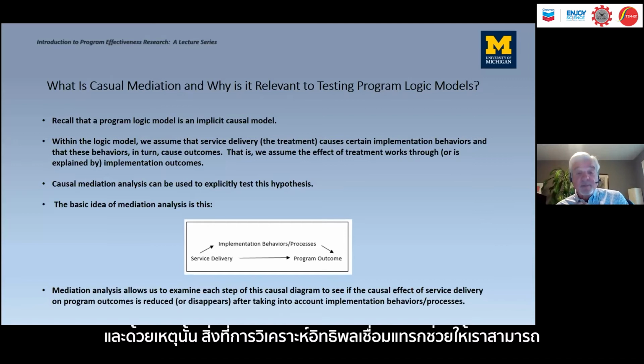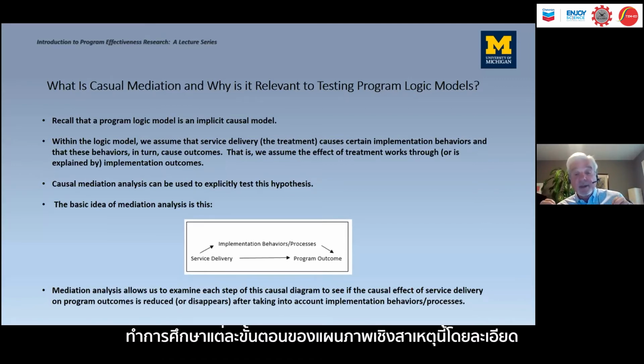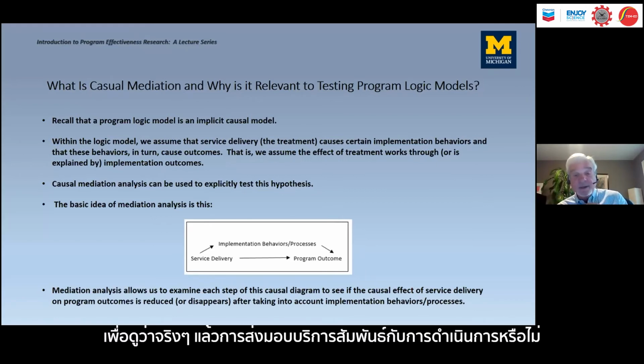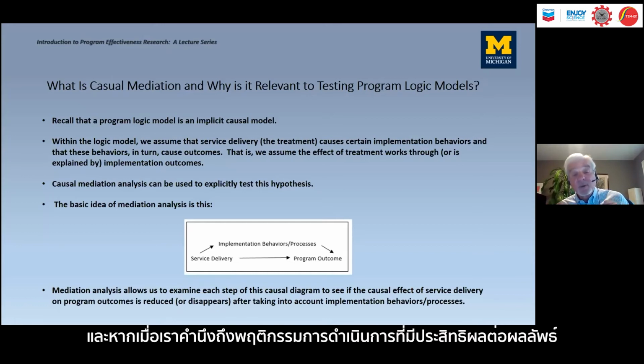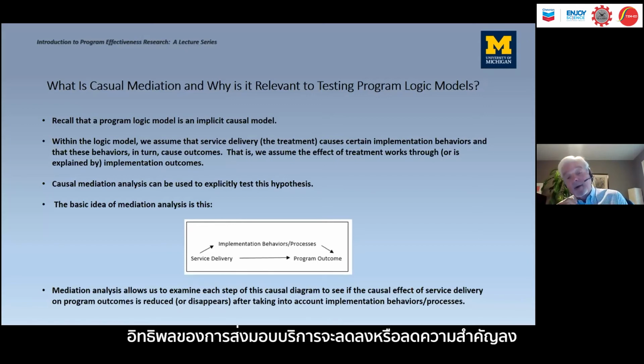And so what mediation analysis allows us to do is examine each step of this causal diagram to see if, in fact, service delivery is related to implementation, if implementation is related to program outcomes, and if, when we take into account the effect of implementation behaviors and processes on outcomes, our effect of service delivery is diminished or explained away.